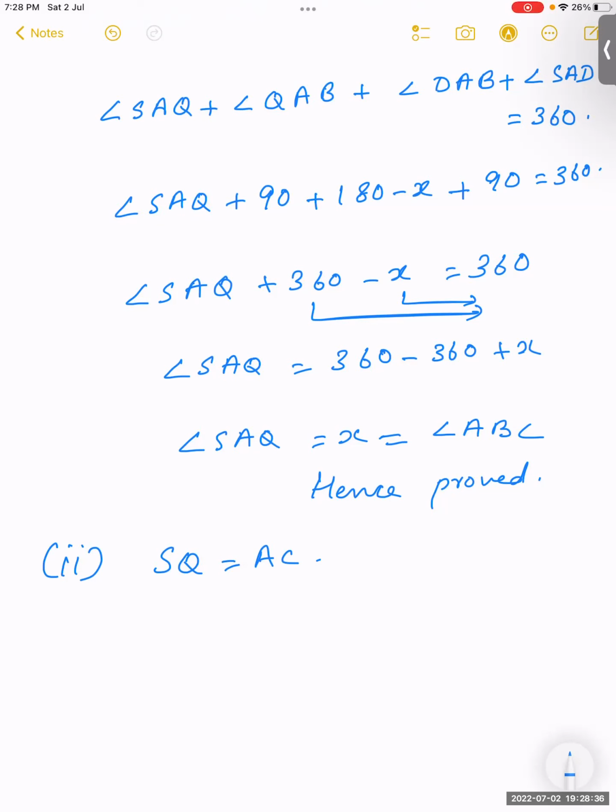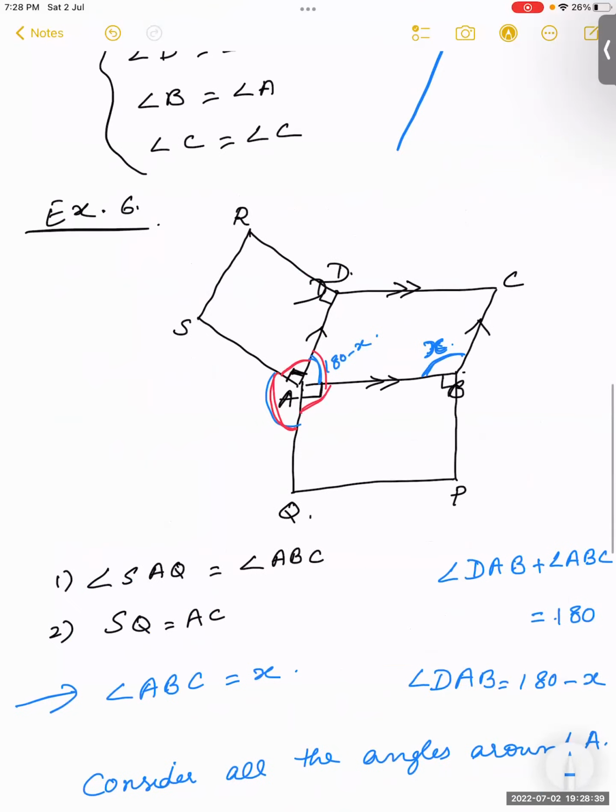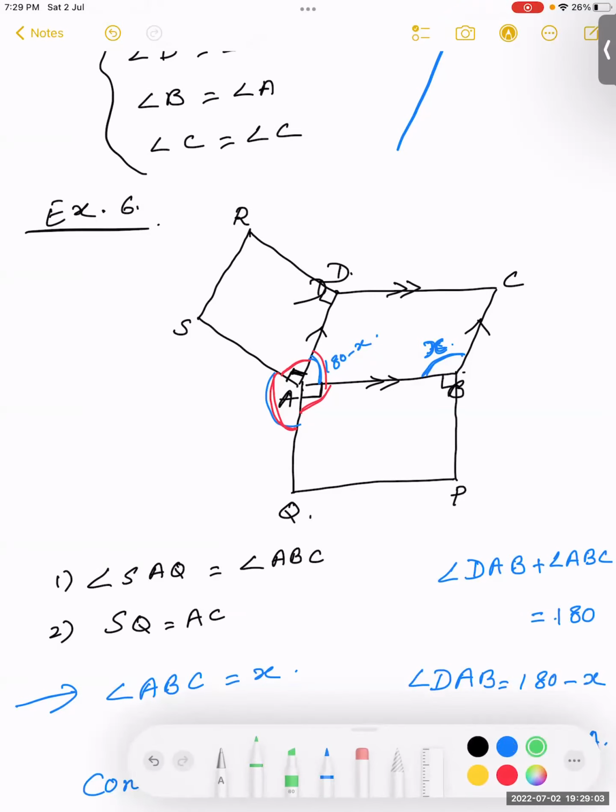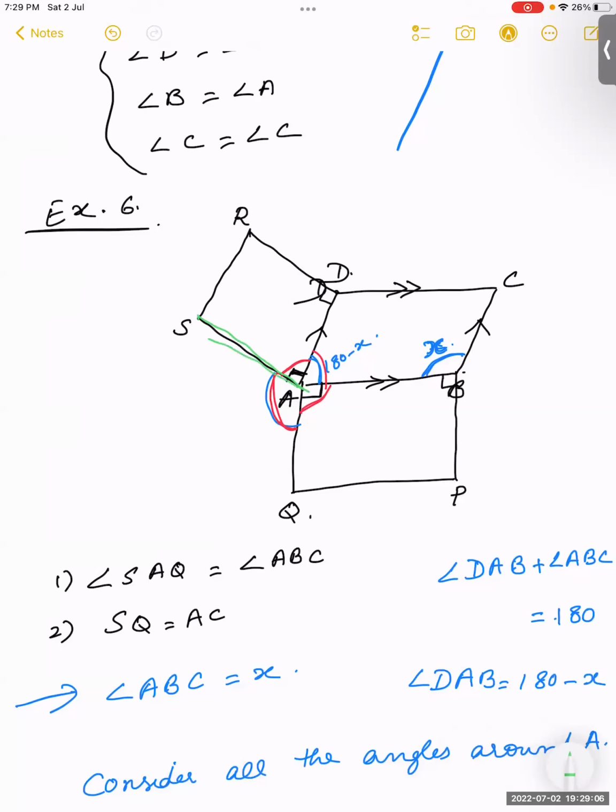So here in this figure, take two triangles that are congruent, where SQ is one triangle's side and AC is the other triangle's side. When you look at it, this is SQ and AQ.